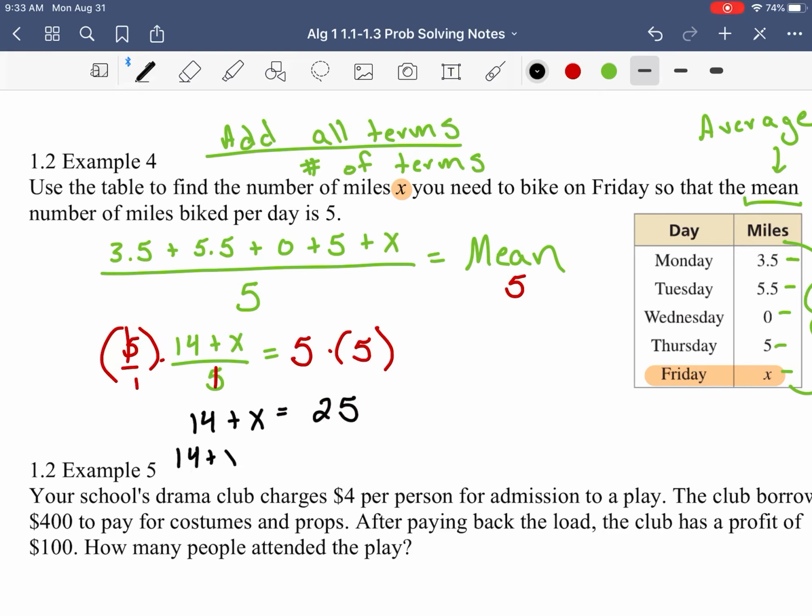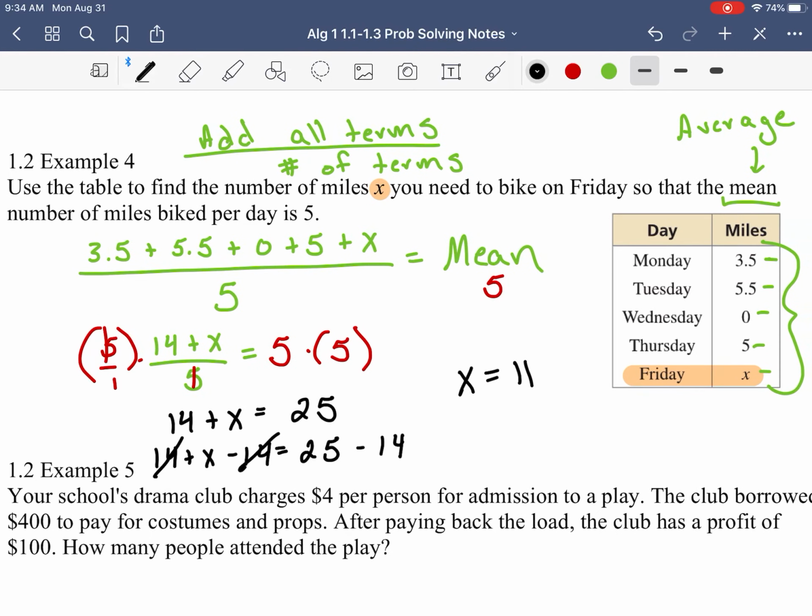And then I would need to subtract 14 from both sides. 14 minus 14 is 0. x equals 25 minus 14 is 11. So I would write, you need to bike 11 miles on Friday.